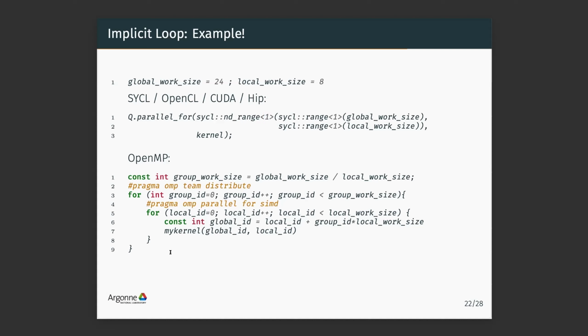And after, you run your kernel. Those two functions are really similar in what they do, or what they should do, maybe I should say. From a language design point of view, ND range just implies semantics.